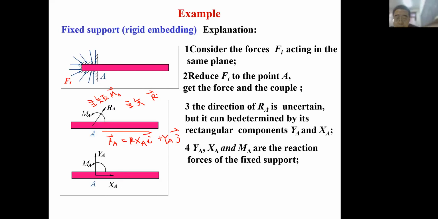The direction of RA is uncertain, but it can be determined by its rectangular components YA and XA. That's why I write this expression, an expression of a vector in a plane.